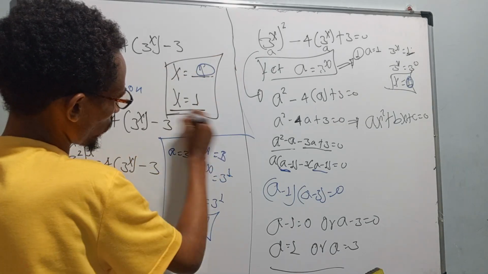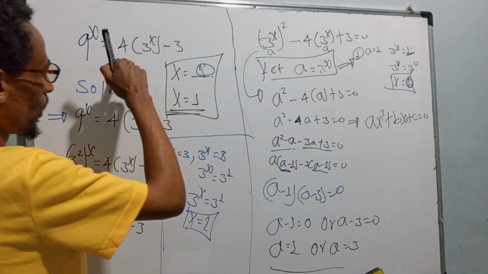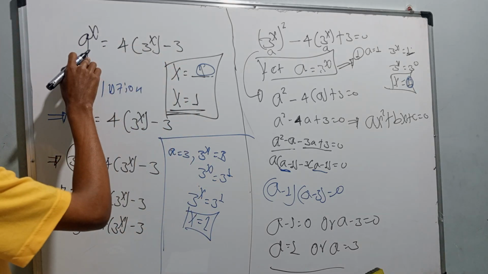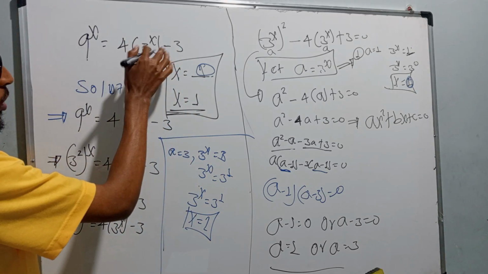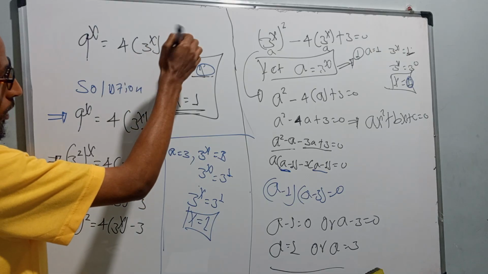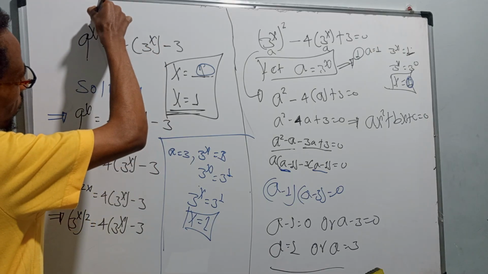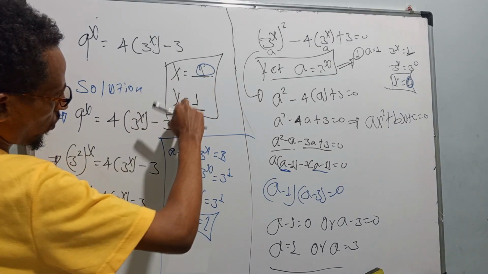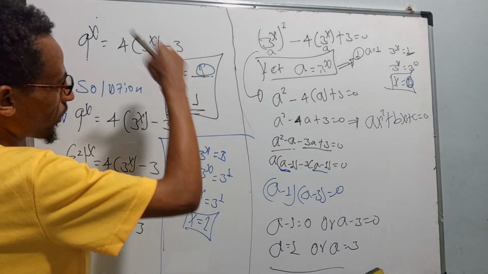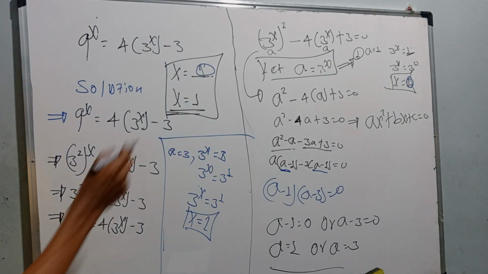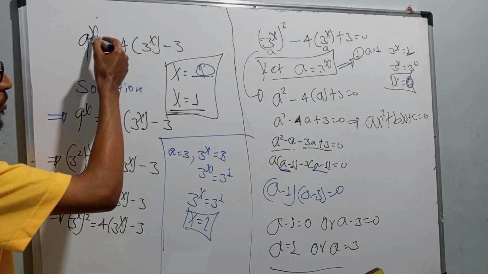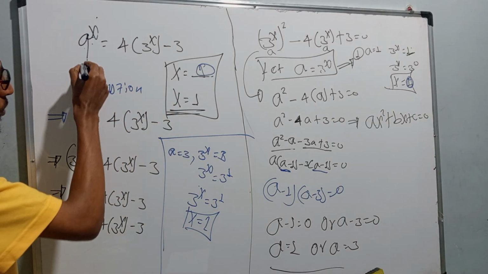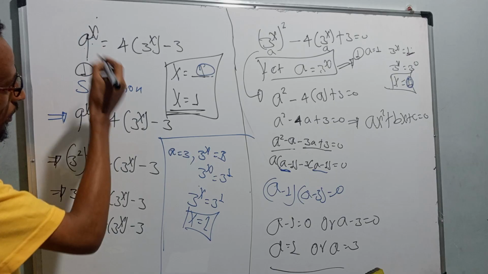So those two solutions are applicable to 9 to the power of x is equal to 4 times 3 to the power of x minus 3, and satisfied. So x becomes 0, or x is equal to 1. Let's say, for example, we can substitute 0 from this. 9 to the power of 0 becomes 1. We can get 1 here.